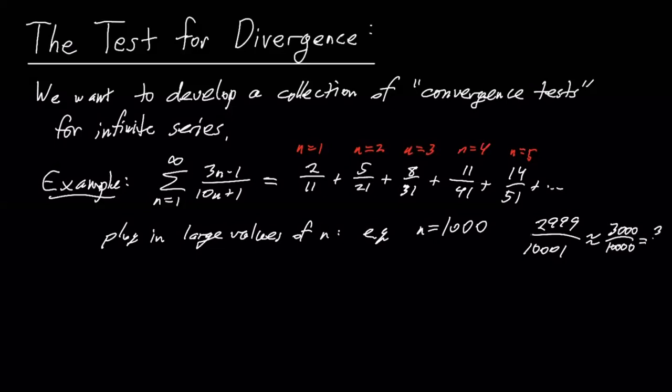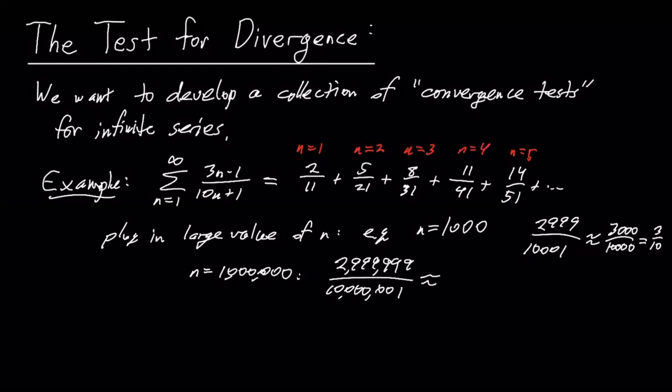But that's about 3,000 over 10,000, which is 3/10. And if we plug in a million, we get 3 million minus 1, which is 2,999,999, over 10 million plus 1, which is 10,000,001.